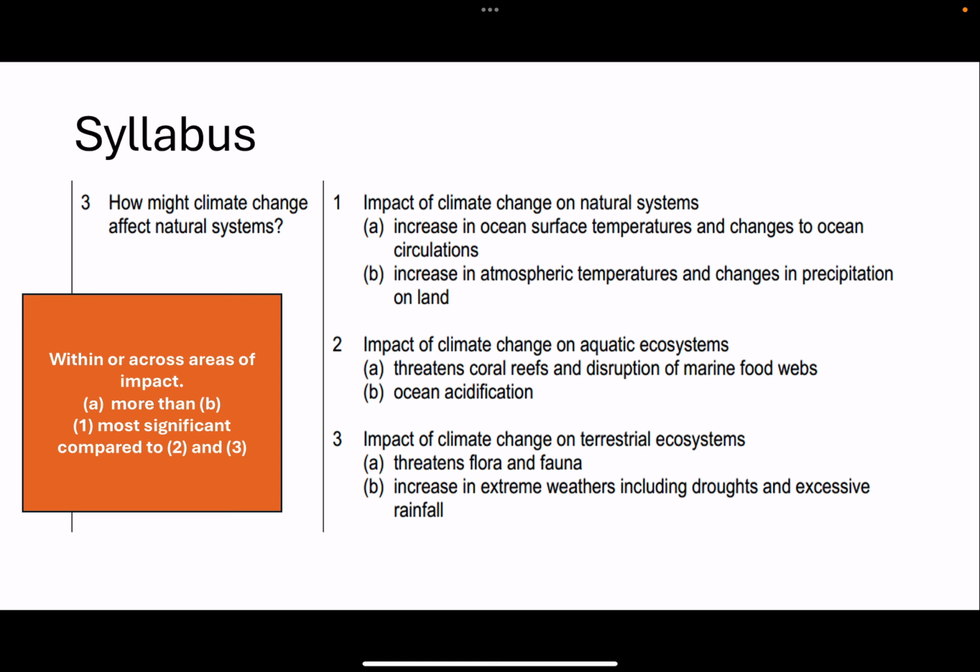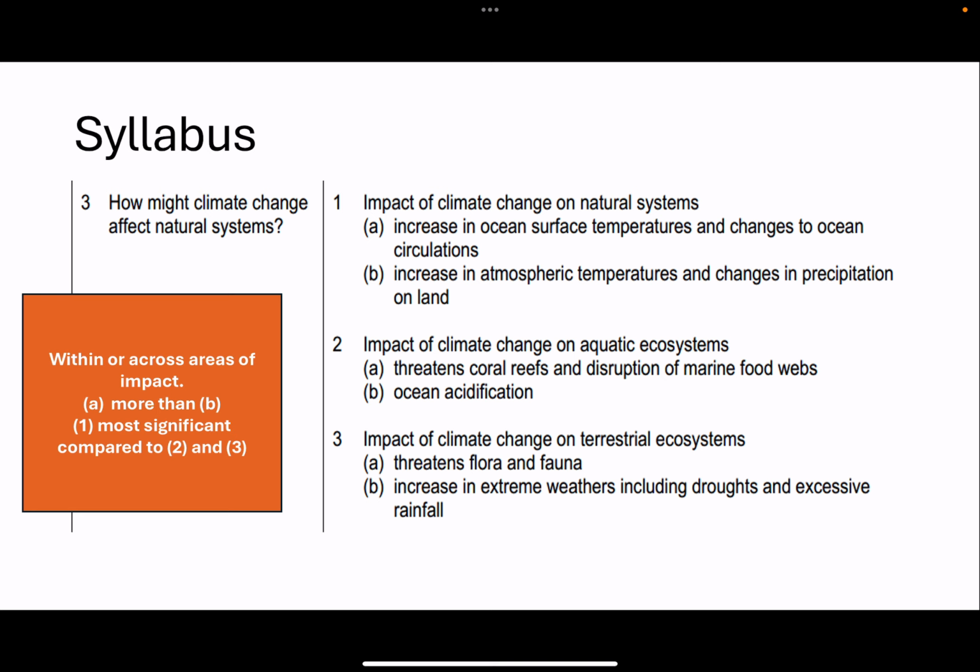Right, here within the syllabus itself, what can they test? They can test within or across the area of impact. So in your notes, there's this box that's empty, so you may want to fill this in later on. What we're looking at is they can ask whether A is more important than B, or whether the effects of the factors under classification 1 are more significant compared to the effects on classification 2 and 3. Okay, now how are you going to deal with it?